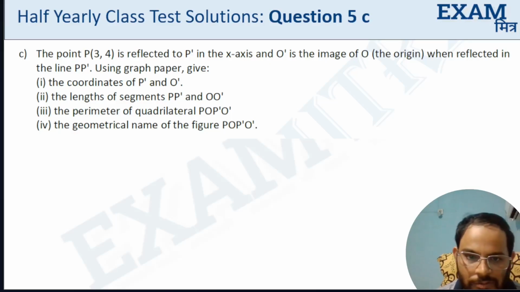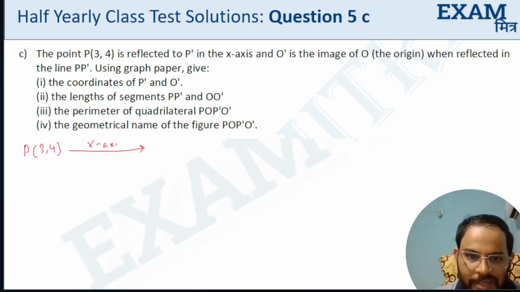Okay. So to do this, the point P, 3 comma 4, is reflected to P dash in the x-axis. Let's solve before representing them on the graph paper. Now see, this P is reflected to P dash in the x-axis.